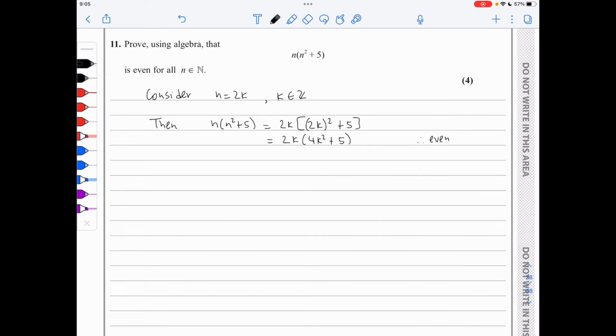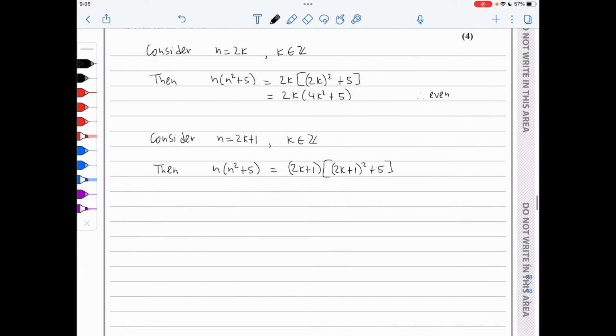Now, we will also consider the case that n is odd, so consider n is 2k plus 1, where k belongs to the integers, and then this means that n times n squared plus 5 will be 2k plus 1 times (2k plus 1) squared plus 5.